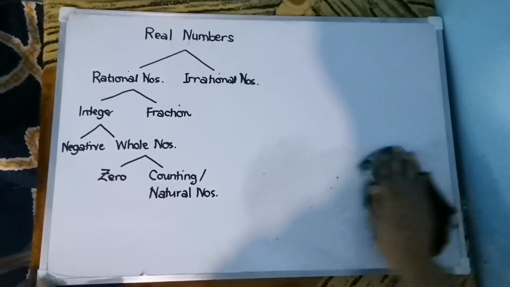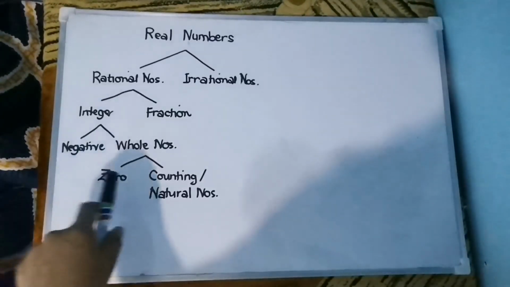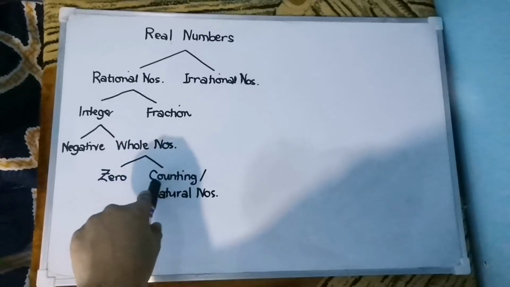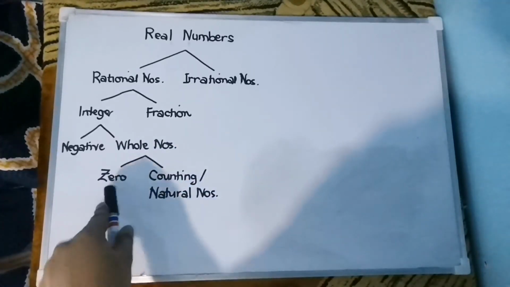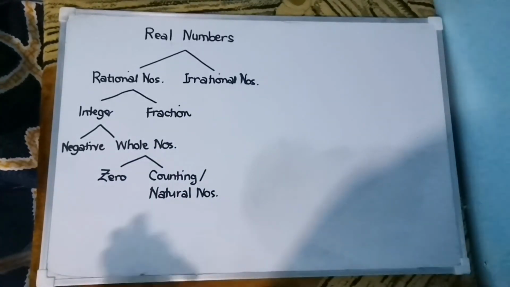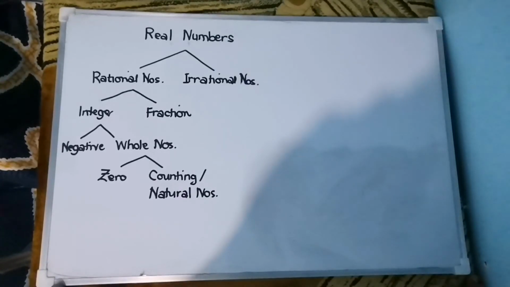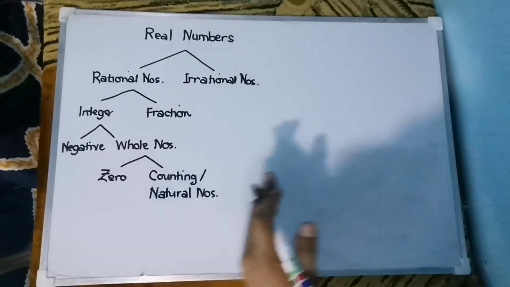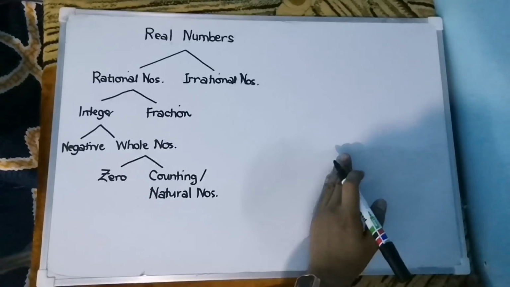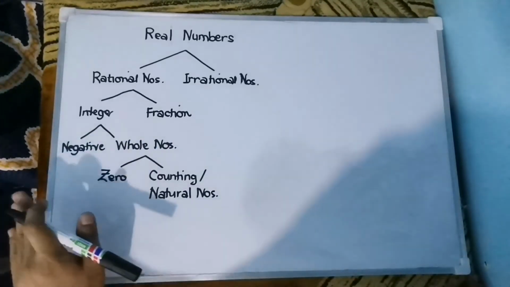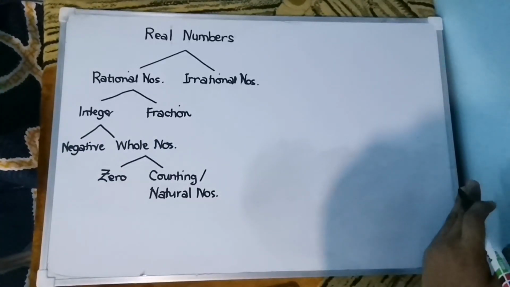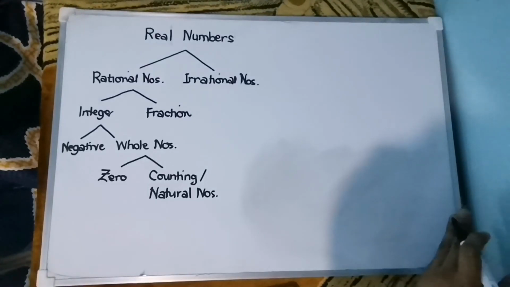And then whole numbers is also divided into 2, the 0 and the counting or natural numbers. So alam na natin yung 0, that is at the center of the number line. So therefore, meron kang 0, then, sa left side mo, you have the negative numbers, and then sa right side mo, you have the positive numbers or the positive integers.